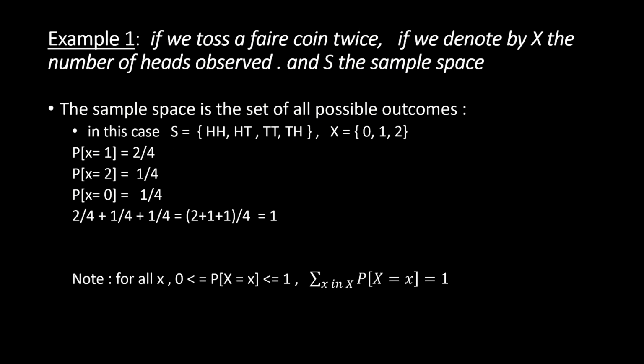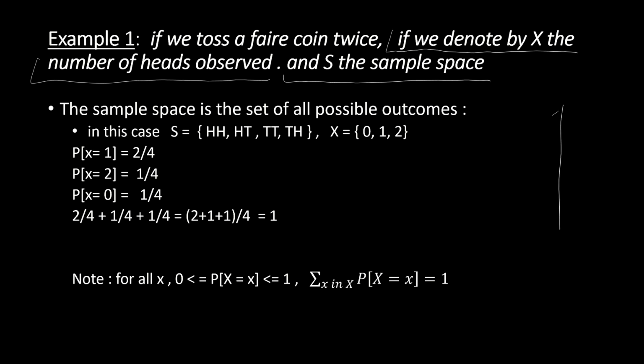Let's pick a second example here. If you toss a fair coin twice, and we denote by x the number of heads observed, S is the sample space. So this is very interesting. Because we are tossing a fair coin twice, note that this is the first toss and this is the second toss.